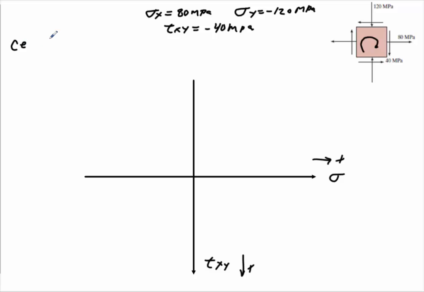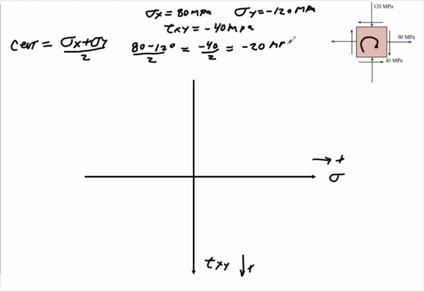The center is going to be located at the average of the normal x and normal y. So average those, just add them together and divide by 2. When we do it here, we'll get 80 minus 120, divided by 2. That gives me minus 40 over 2, which gives me a value of minus 20 megapascals.